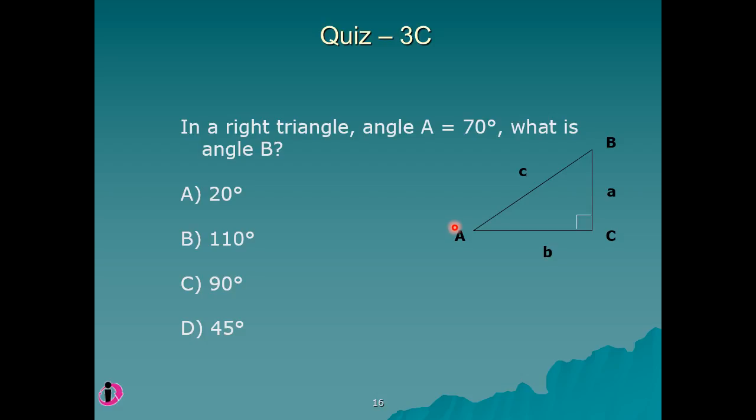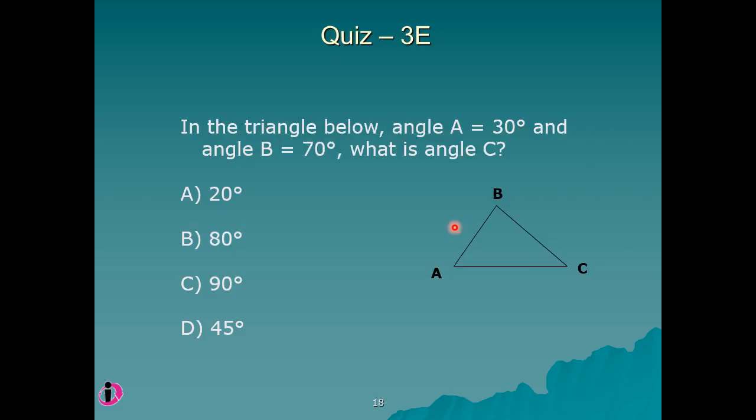Because A plus B is always 90. Right answer is A. If A is 45, B is 45 as well, right? So right answer is D.